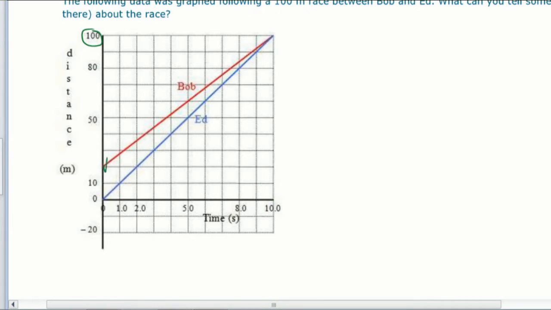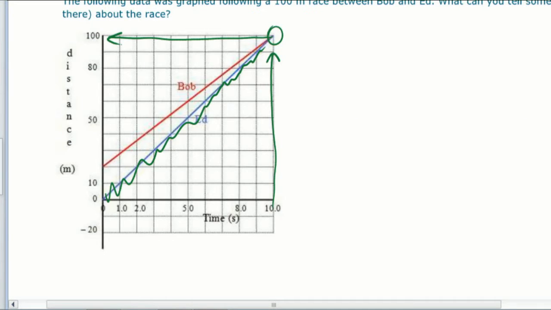If I took out Bob's line, you would say it took Ed 10 seconds to get to 100 meters. Now I'm going to look at Bob's line and get rid of Ed's line here. I would say, okay, it took 10 seconds for Bob to get to 100 meters.